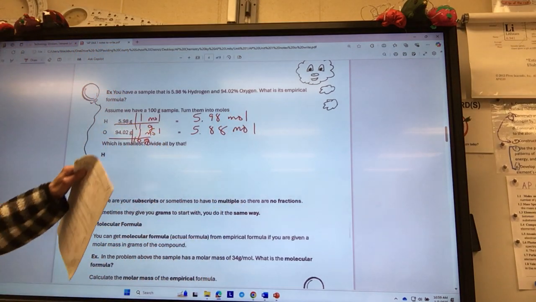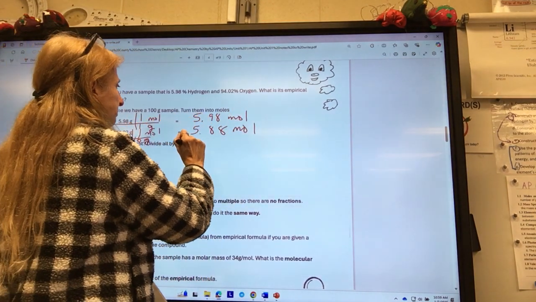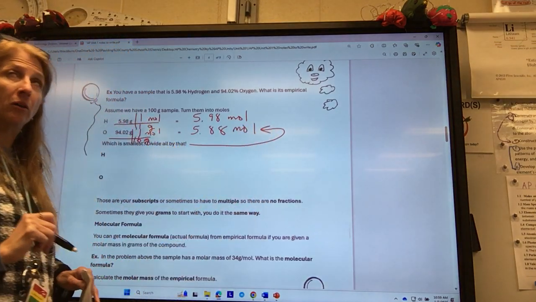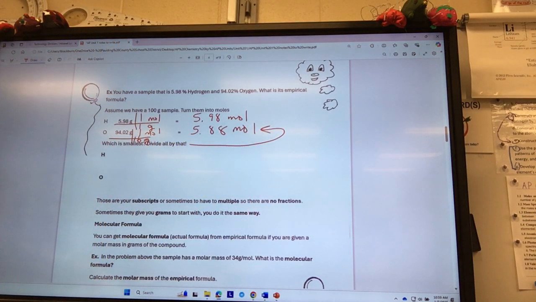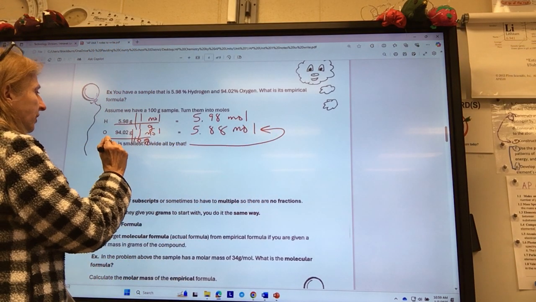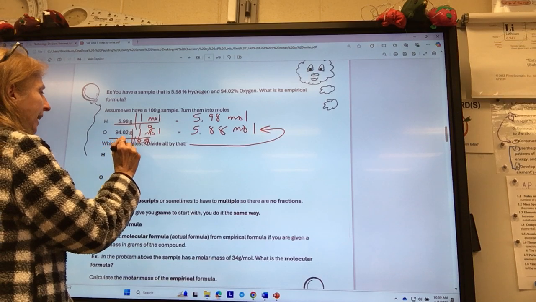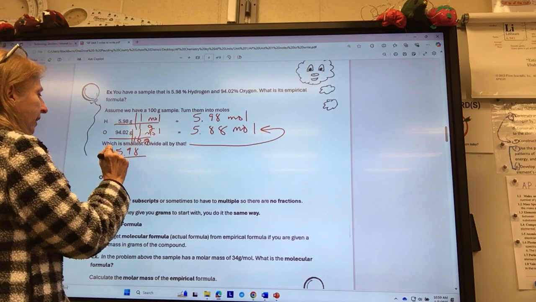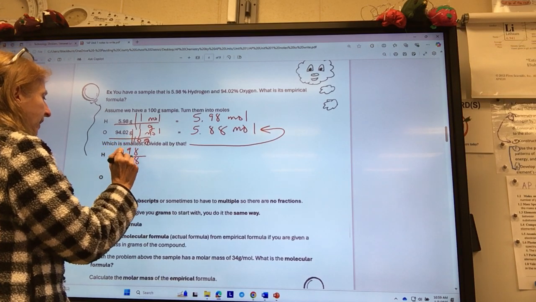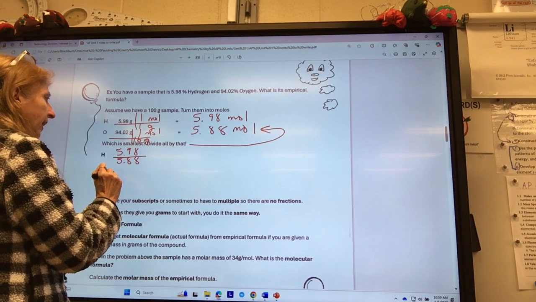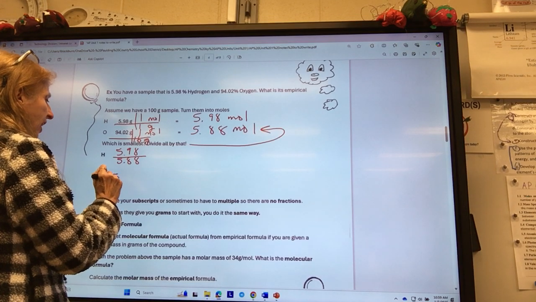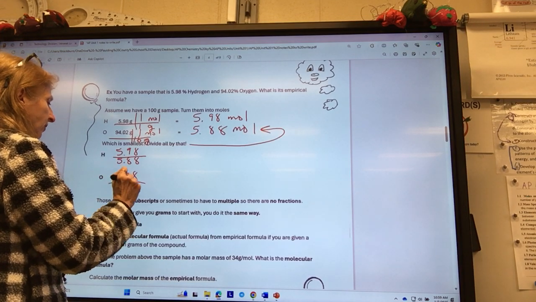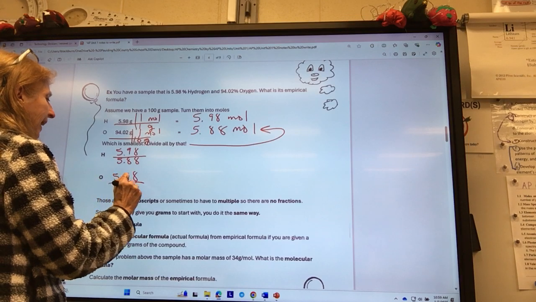Then I ask myself, which is smallest? Well, that one is smallest. So I'm going to divide them each by that. So for hydrogen, it's 5.98 divided by 5.88. And for oxygen, it is 5.88 divided by 5.88.